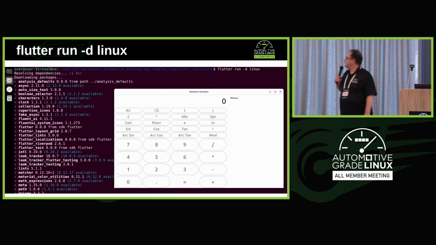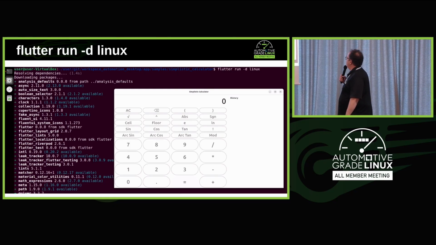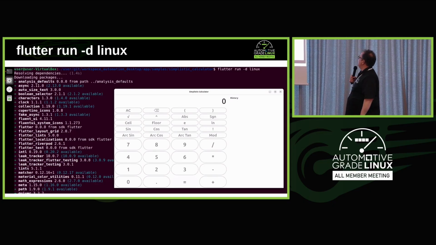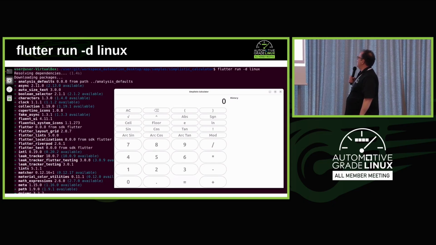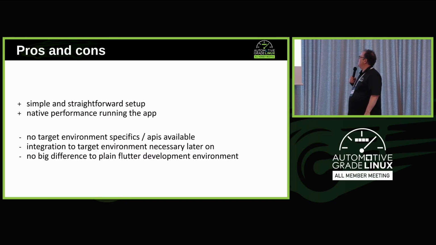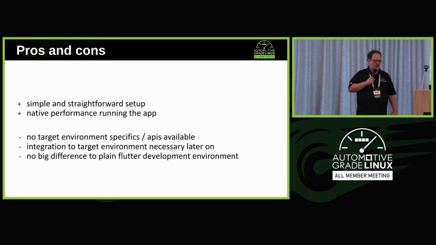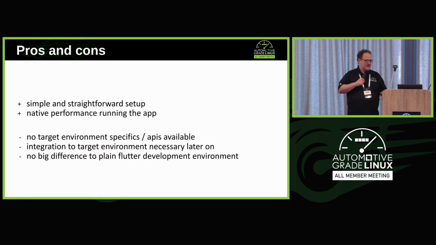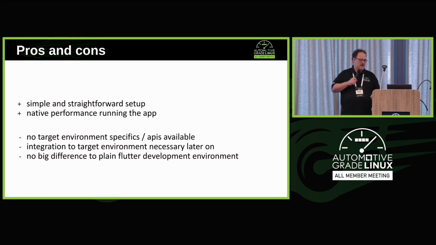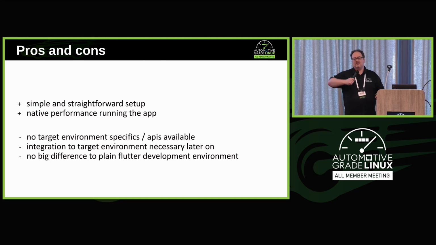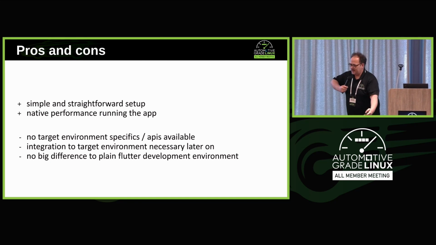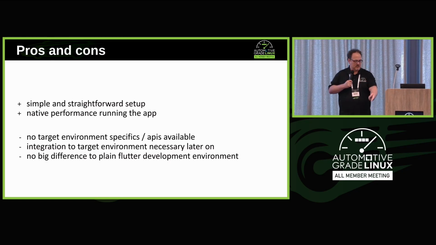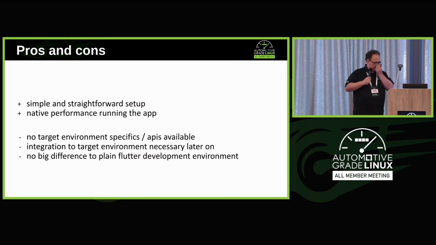Example here, we start up the calculator and it will just run natively. Very straightforward, simple, native performance, but we are lacking target APIs, and we have to do another step to bring it into the target environment, right? So there's an integration burden afterwards.